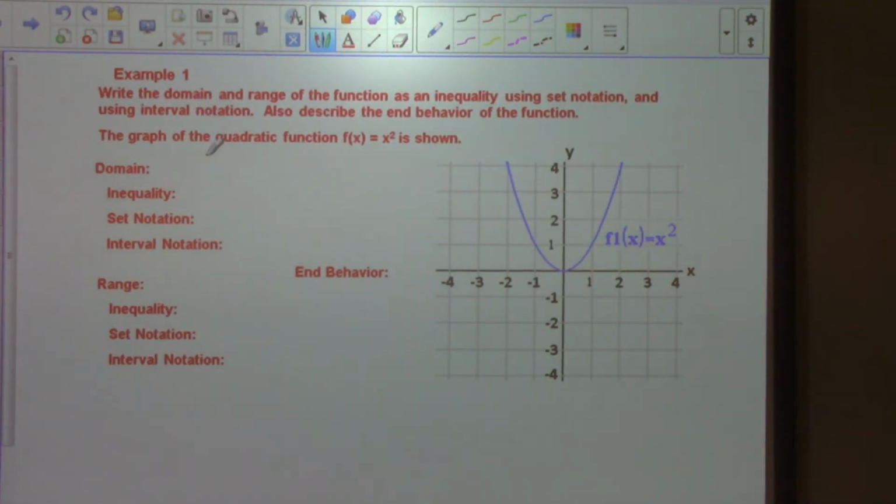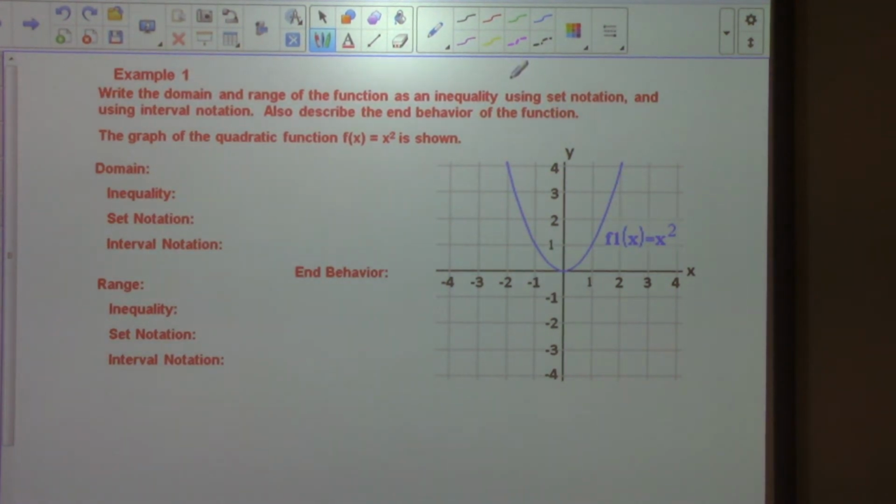Good. All right, so now we have example 1. Write the domain and range of the function as an inequality using set notation and using interval notation. This function here, f of x equals x squared, what kind of a function do we call that? I will give you a hint.